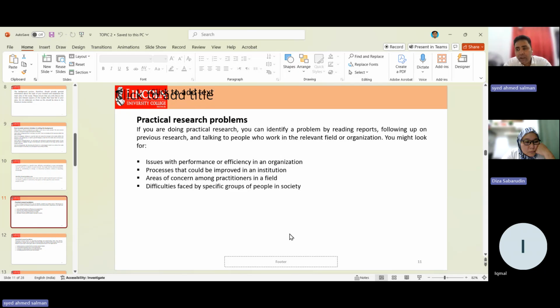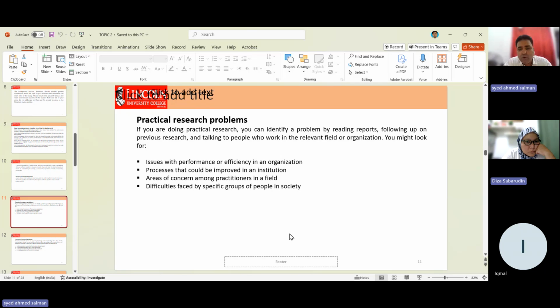Meaning that you are telling that the structure is not proper, you have to do some restructuring. Okay. Areas of concern among practitioners in a field. There are some people who are concerned about the water, they are concerned about the issue, they are concerned about the roads. Okay.